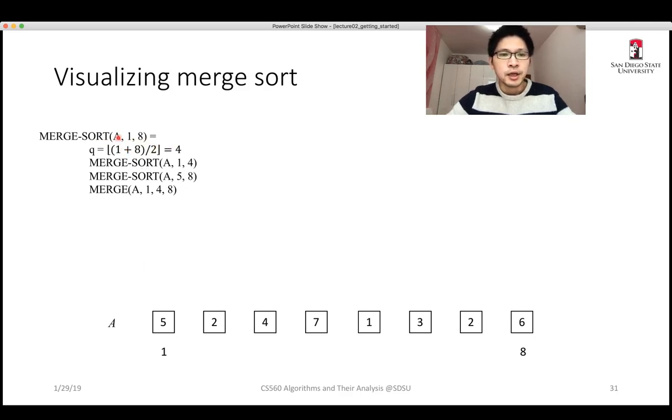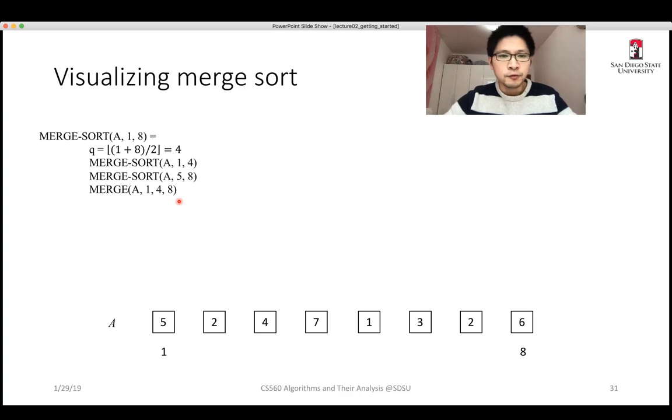Within the body of this first call, we first compute the midpoint, which is 4, and we call merge sort recursively. First on the left half, from A1 to A4, and then on the right half, from A5 to A8. After that, we merge the results of the recursive calls.